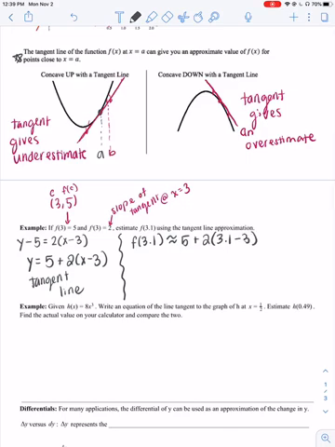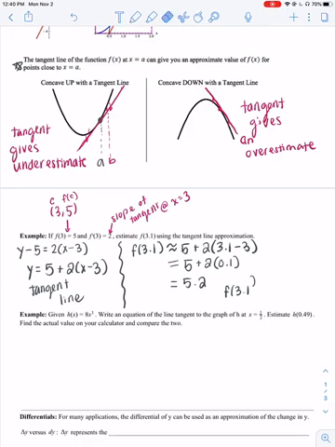Now I'm going to switch to an equal sign because the thing I just wrote is indeed equal to 5 plus 2 times 0.1. And 2 times 0.1 is 0.2, and 5 plus 0.2 is 5.2. So we have found our approximation: f of 3.1 is approximately 5.2.